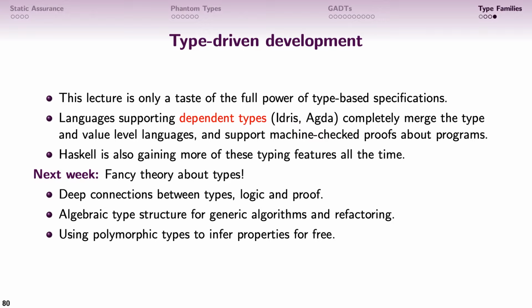And in fact, that's very natural and very easy to do in those languages. They completely combine the type and value level languages, which means that we can encode arbitrary properties in our types, and it's very natural to move things from the type to the value level and back.